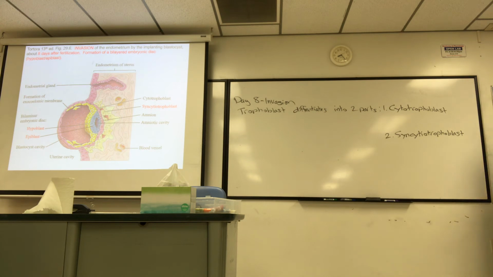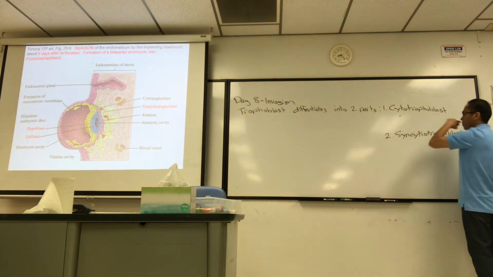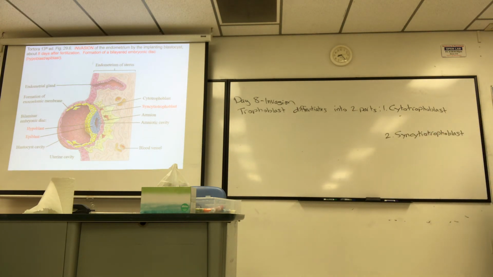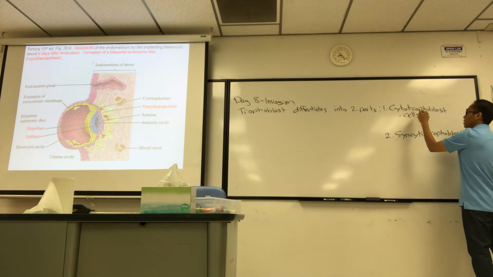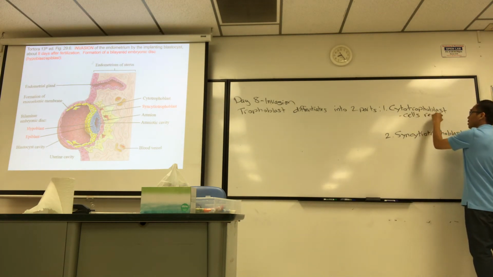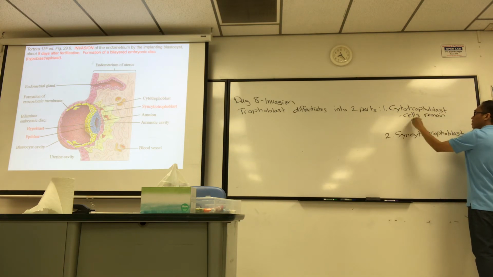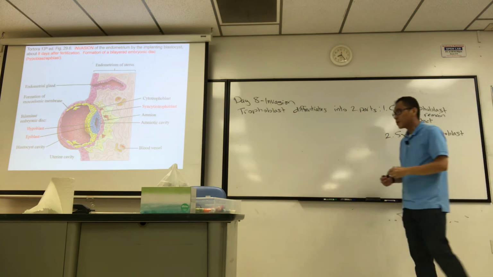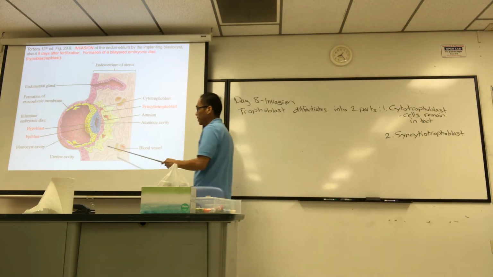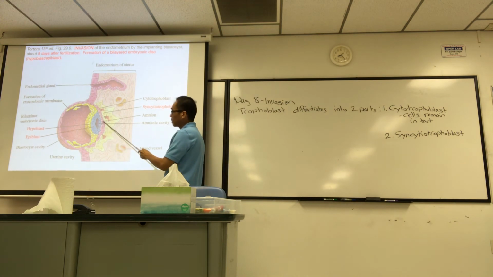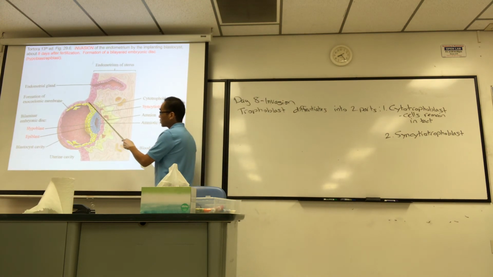The cytotrophoblast, the thing to notice is the cell membranes that make up that layer remain intact. If you look at that purple layer of cells, each cell has a defined cell membrane. I can make out each individual cell in this layer.